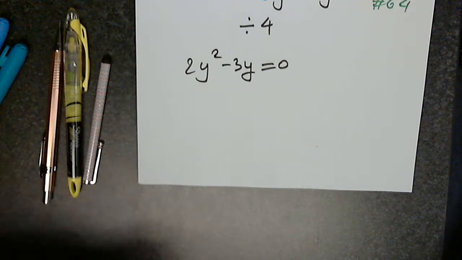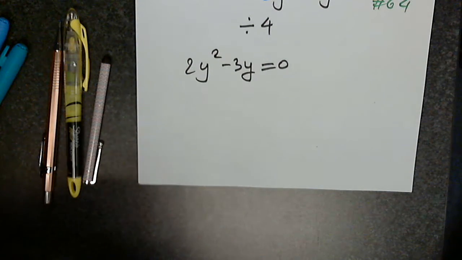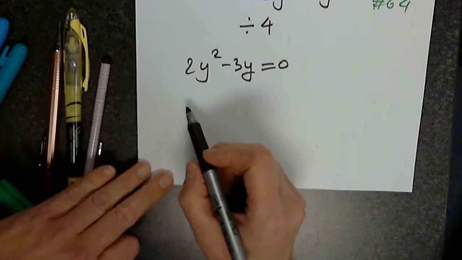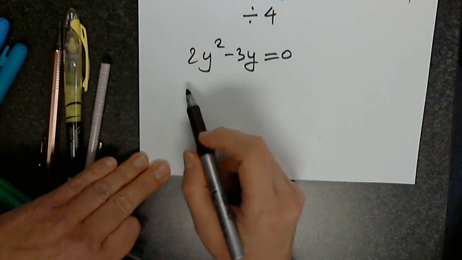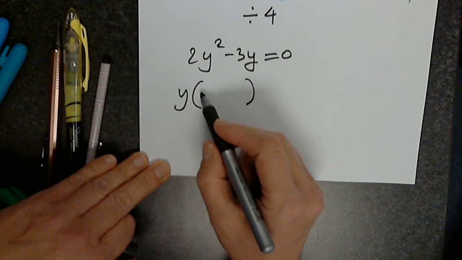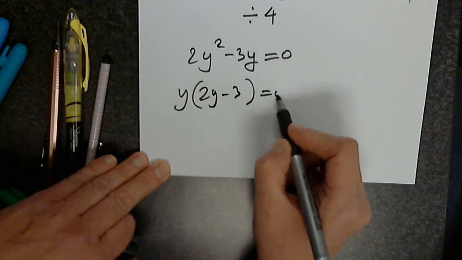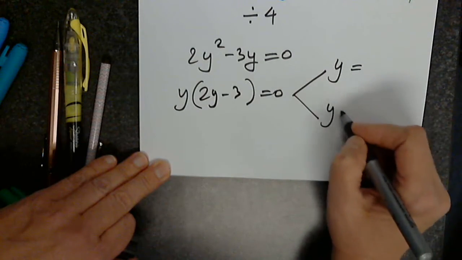Now this is a binomial. It's in descending order and it has a common factor, which is? Careful. The common factor is? Good. What is left in parentheses? Don't forget equals 0. And then you'll give me two options.